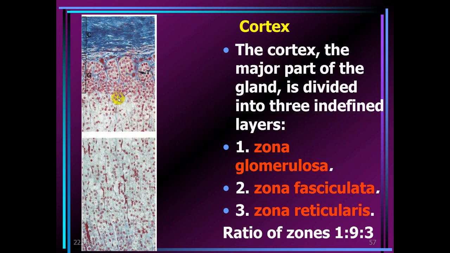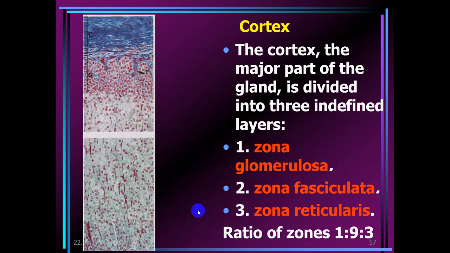Then these sheets of epithelial cells travel parallel to one another and appear as the zona fasciculata. And the third zone is the zona reticularis, where the regular arrangement of epithelial cords changes and cells form a reticulum. The ratio between these zones is 1 to 9 to 3.